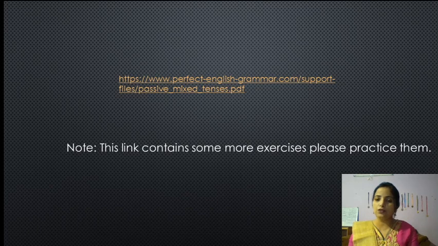We have to just bring to be into V3 and continue with the V3 of the main verb. There will be no change at all. Please remember that only few tenses can be brought into passive voice. For example, future continuous tense and future perfect tense cannot be used in passive voice. It is not allowed, so you need not worry about that.